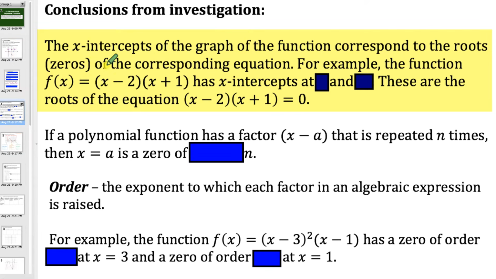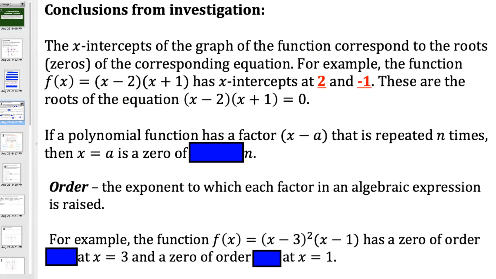So what makes this product become 0? Well, if we could find an x value that makes this become 0, so 2, or this becomes 0, so -1, it would make the whole product be 0, making the y value become 0, meaning it's an x-intercept. So 2 and -1 make that product become 0, meaning they're x-intercepts. They're the roots or the zeros of the equation. They're what make the equation become 0.